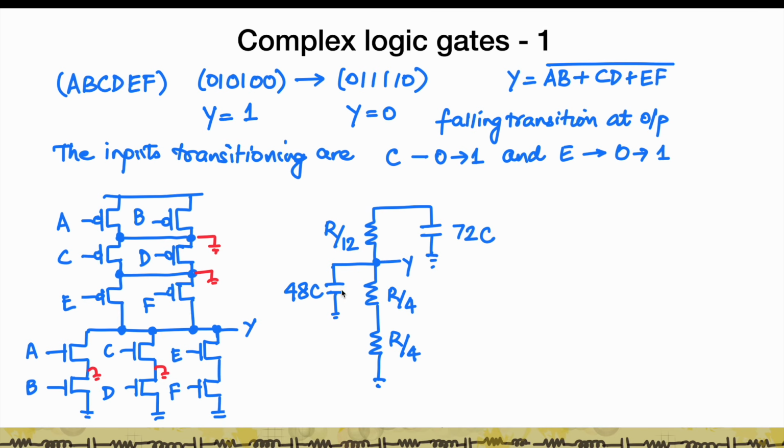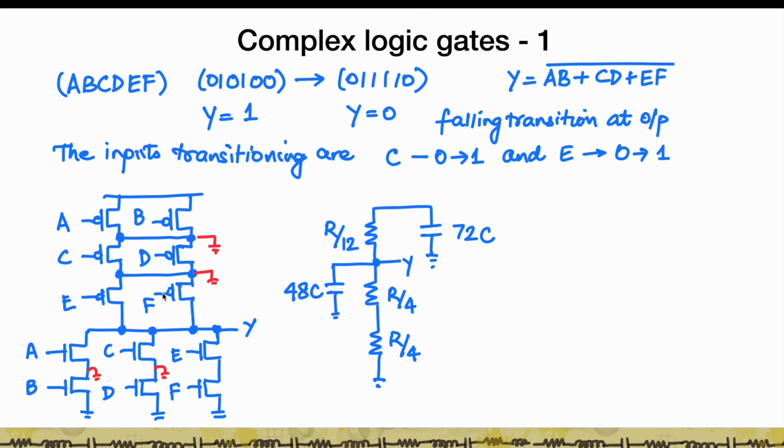And then I have 48C connected to this output node. Now there is no capacitance connected at this node because the capacitance between C and D has already been discharged. Because D was already 1, this capacitance is already at 0, so I don't need to worry about it. The capacitance I need to worry about is this huge capacitance at the output node, which I need to discharge.